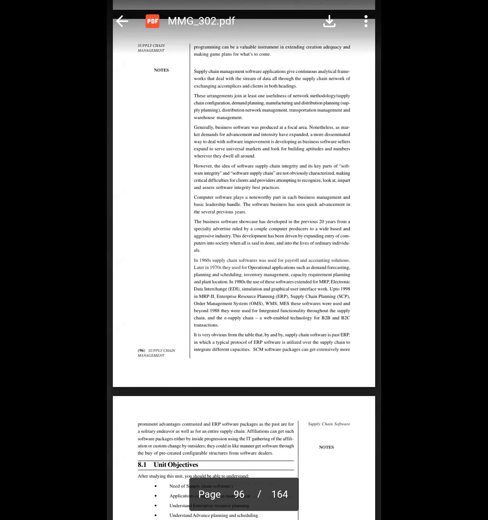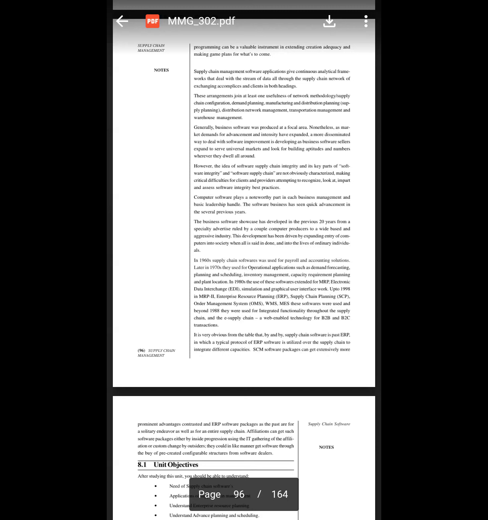Supply chain management software packages can offer a much more prominent advantage in contrast to ERP software packages of the past, for the entire supply chain. They are saying that supply chain software has played an important role all over the world in the past decade also.